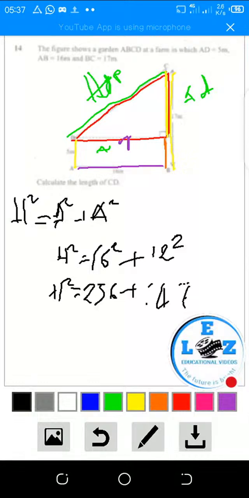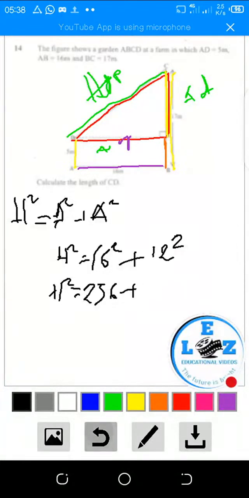Remember, I've ignored the units. When we add 256 plus 144, that gives us 400.